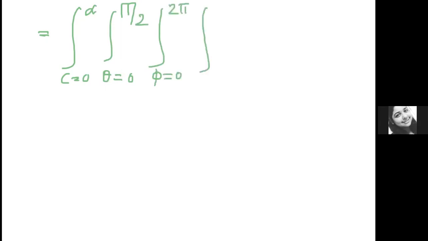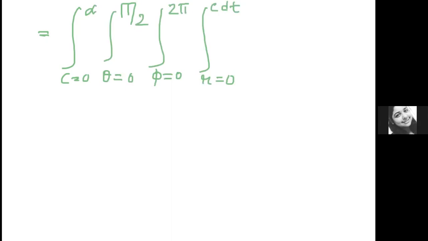Put all the limits: c would be from 0 to infinity because the velocities range from 0 to infinity. The value of theta would be from 0 to pi by 2, the value of phi would be from 0 to 2 pi, and r would be from 0 to c dt. This is actually the distance covered in time dt with a velocity c.